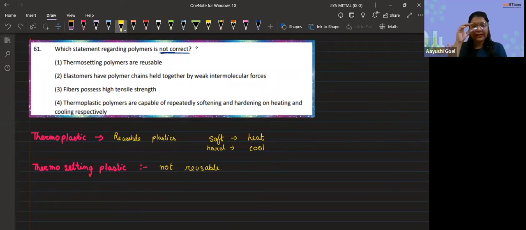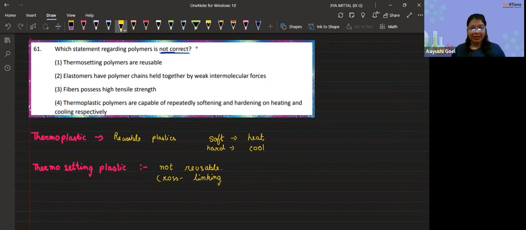Why? Because they have very strong cross-linking connections. In the case of cross-linking, when you heat them, they fuse in between and even become harder.